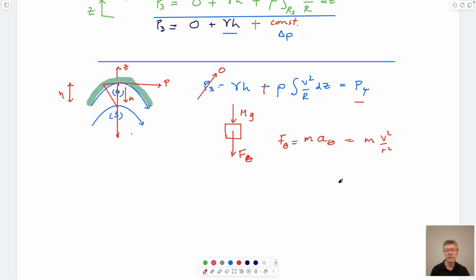And if you equate this with mg, these are equal to each other.